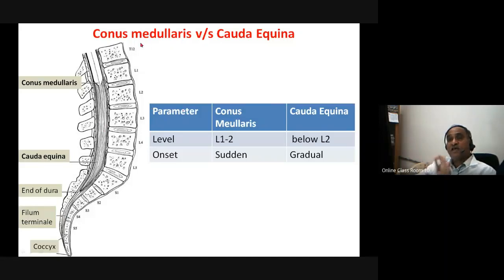So anatomically, the conus medullaris is between L1 and L2. The cauda equina is below the L2 level. The onset of the conus medullaris is sudden, and in case of the cauda equina, it is gradual. These are mostly anatomical components I mentioned.